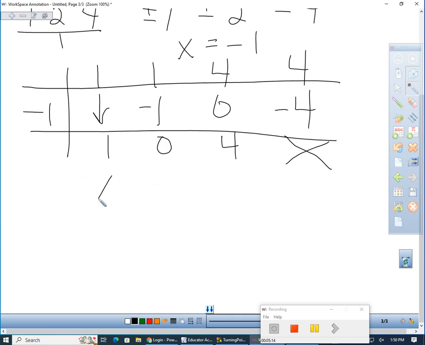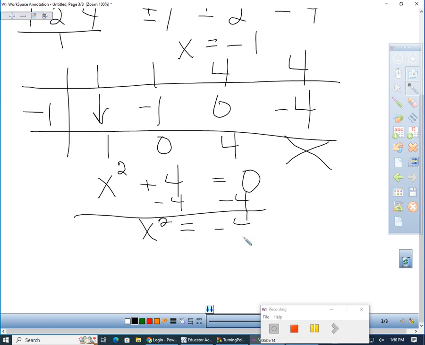Now I have x squared plus 0x plus 4 equals 0. Now I solve the quadratic. This quadratic doesn't have a b term. So how can I solve it? Square root method, absolutely. So first thing I'm going to do is subtract 4 to the other side. So I have x squared equals negative 4.